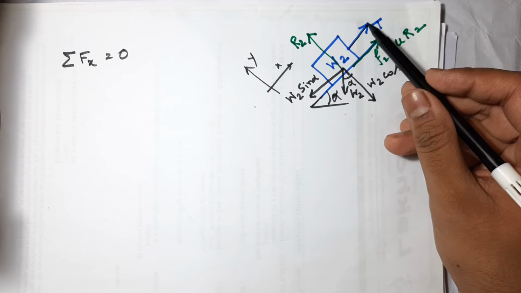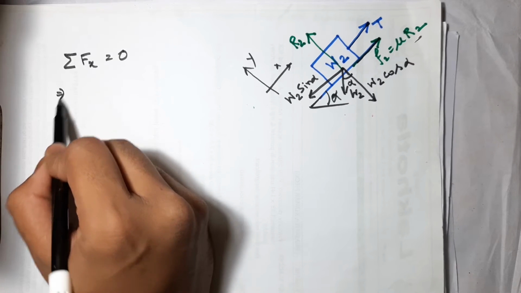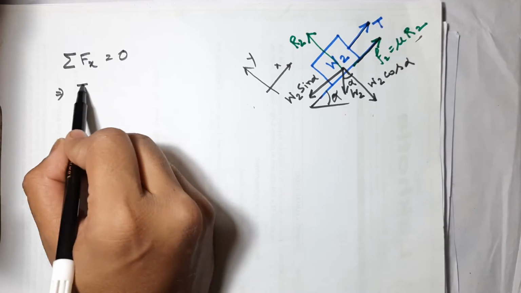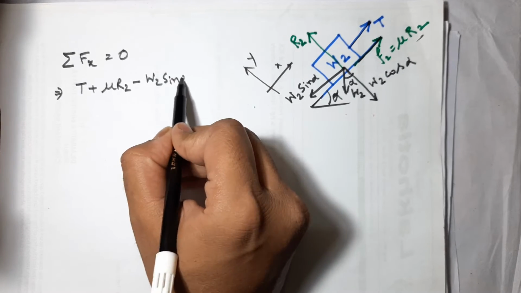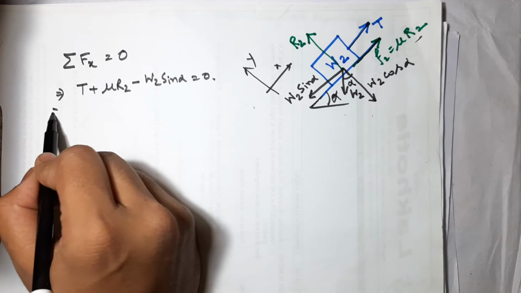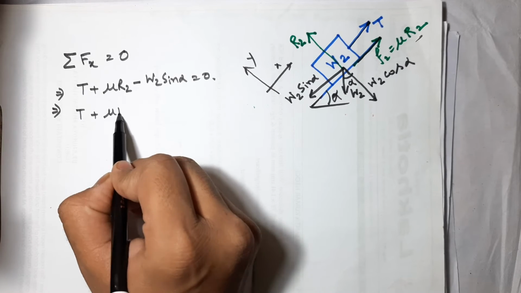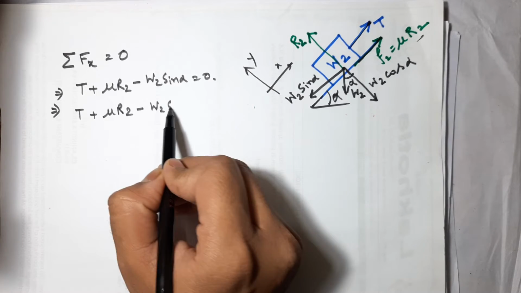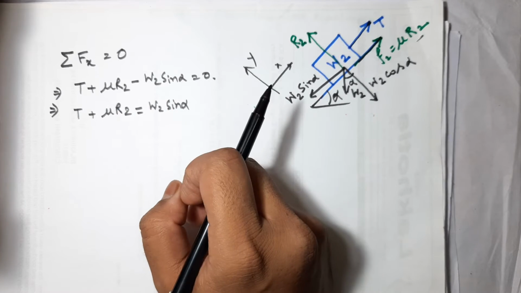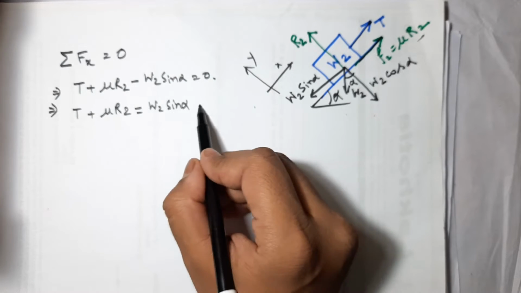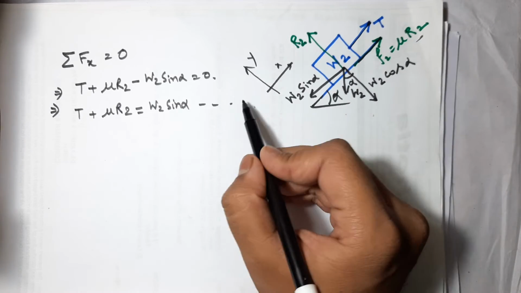In this direction the forces are T, mu R2 and W2 sin alpha. So T plus mu R2 minus W2 sin alpha is equal to 0, that is T plus mu R2 is equal to W2 sin alpha. This is equation number 3.